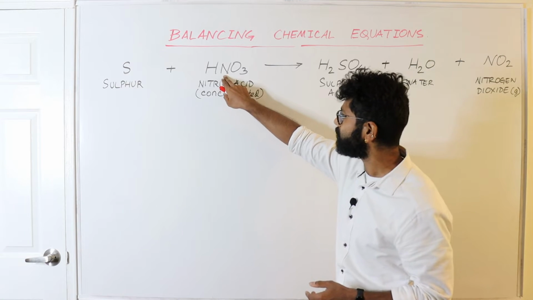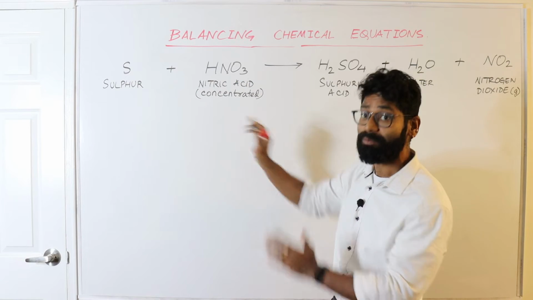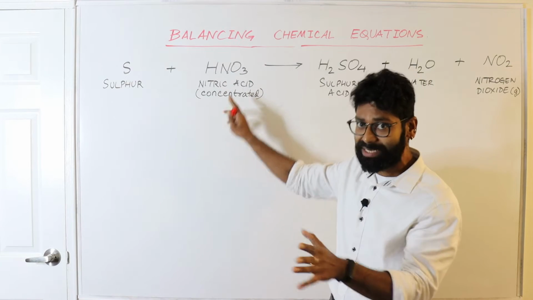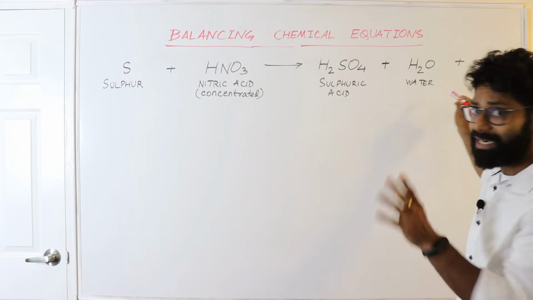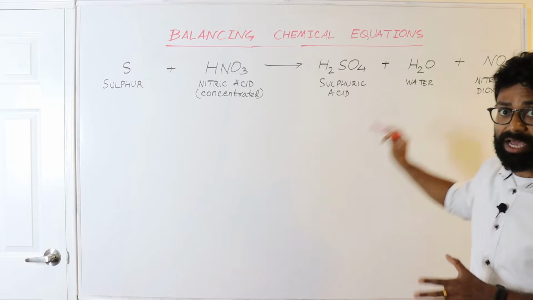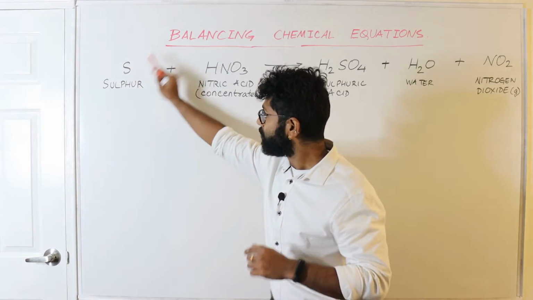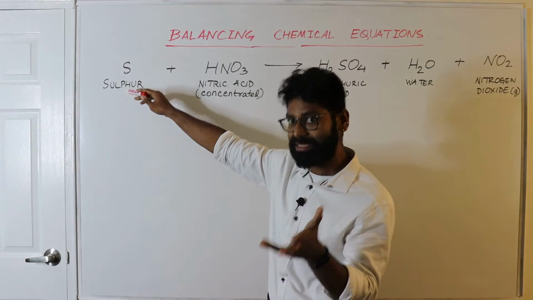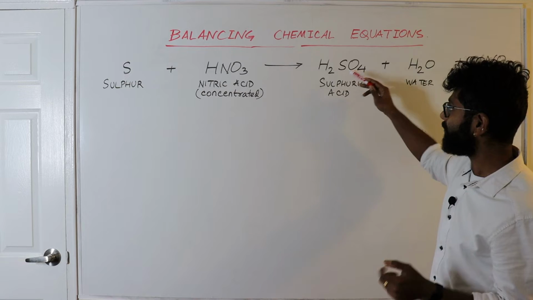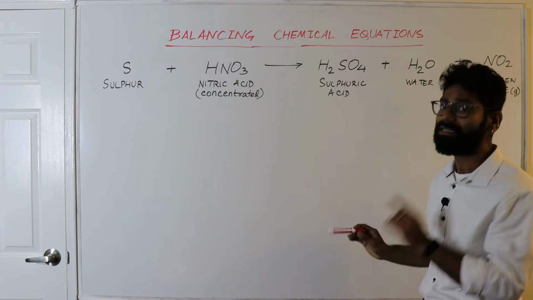So focus on the nitrogen atom here. The nitrogen atom on the reactant side is present only in nitric acid, while on the product side it is present only in nitrogen dioxide. Same goes for sulfur. Sulfur in here is present as sulfur, and on the product side the sulfur atom is present as sulfuric acid.